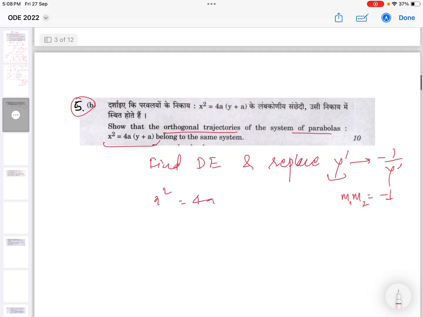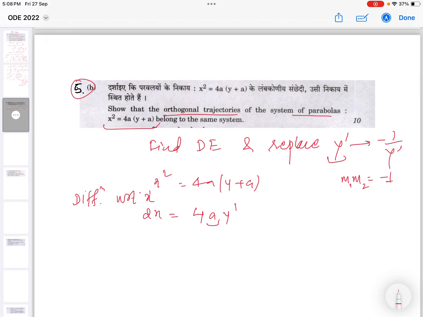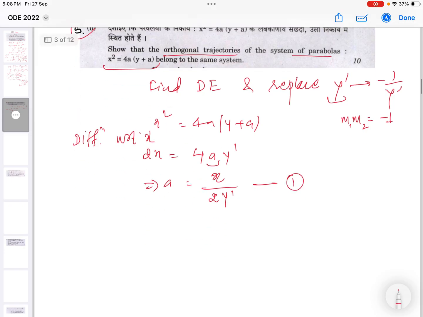So x square equals 4a y plus a. Differentiating with respect to x, 2x is equal to 4a y dash. Okay, so we have to eliminate the constant term. What we can do is put a equals x by 2y dash. This is 1, put 1 in the equation.